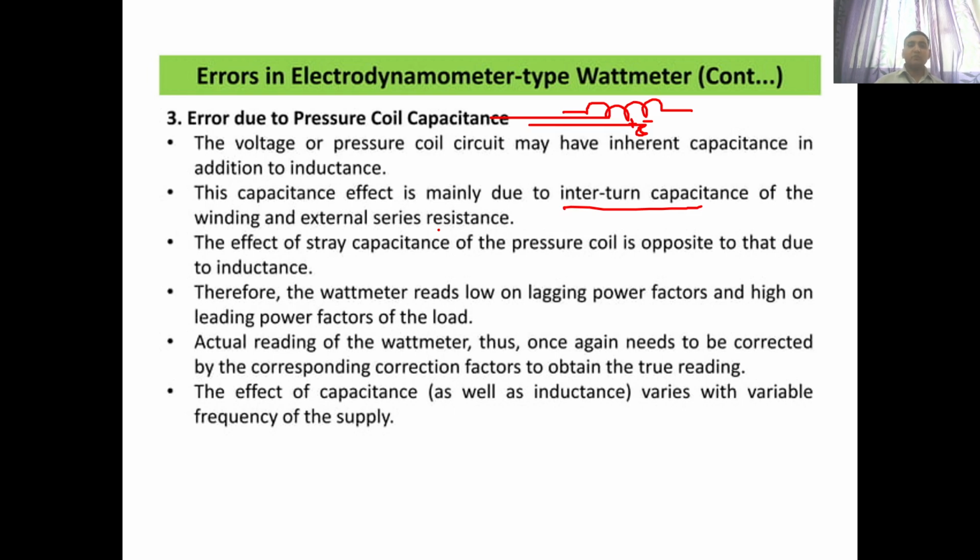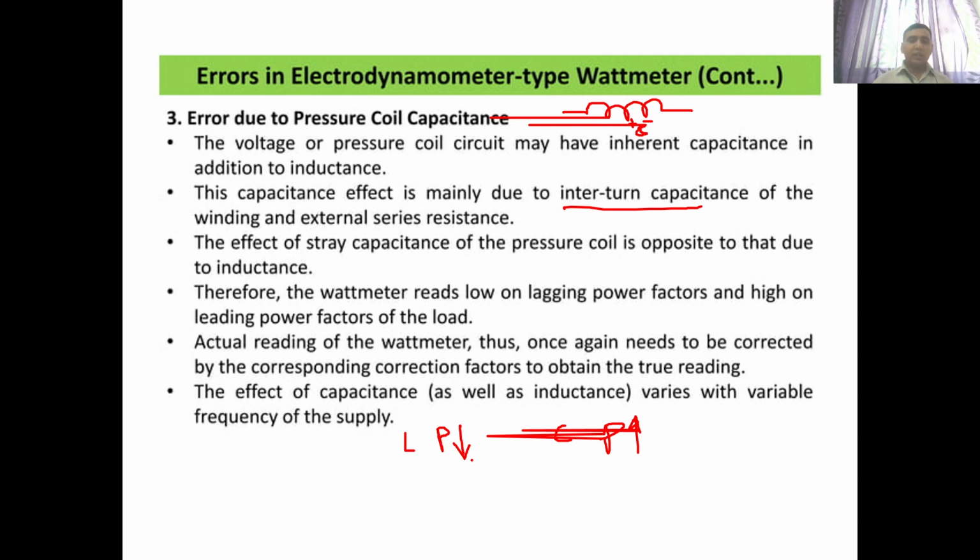The effect of stray capacitance of the pressure coil is opposite to that of inductance. When we have an inductive effect, it lowers the power, whereas in case of C it increases the overall power. In case of leading and lagging, both act differently. Therefore, the wattmeter reads low on lagging power factor and high on leading low power factor of the load.